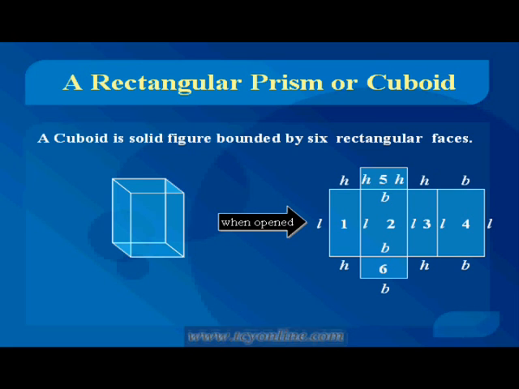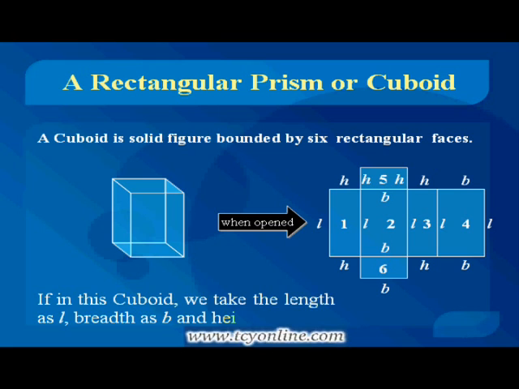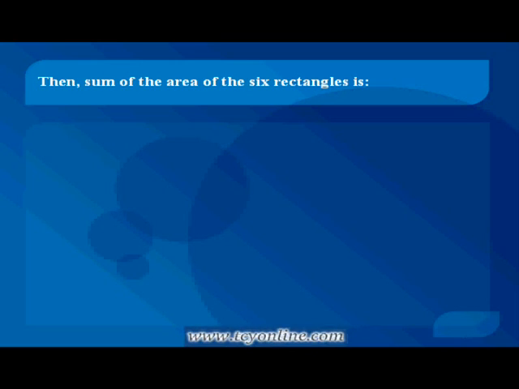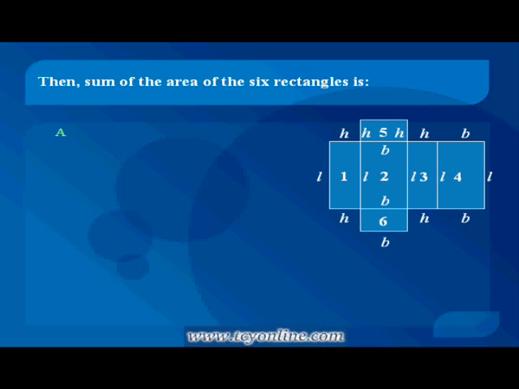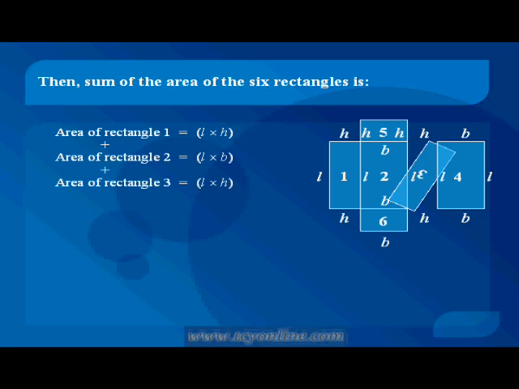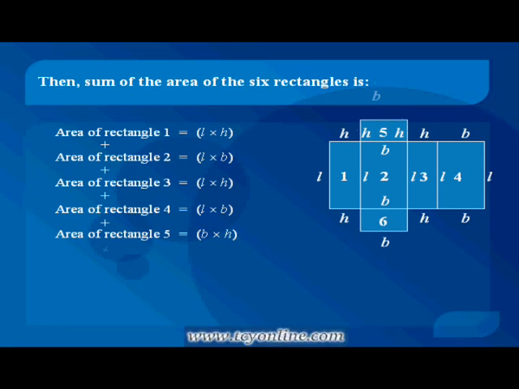If the length of this cuboid is taken as L, breadth as B, and height is supposed to be h, then the surface area of the rectangular prism can be expressed as the sum of the area of 6 rectangular faces, wherein the area of rectangle 1, which is length times height, plus area of rectangle 2, which is length times breadth, plus area of rectangle 3, which is length times height, plus area of rectangle 4, that is length times breadth, plus area of rectangle 5, which is breadth times height, plus area of rectangle 6, which is breadth times height.